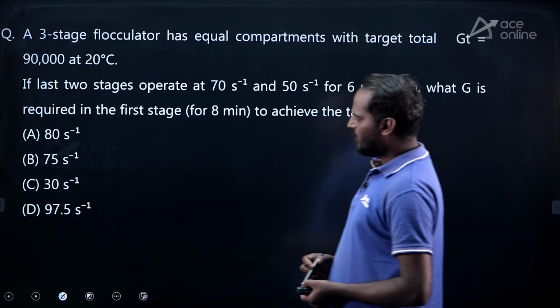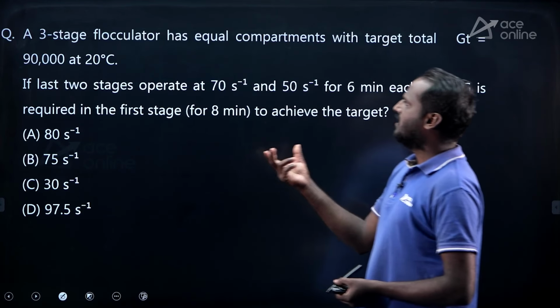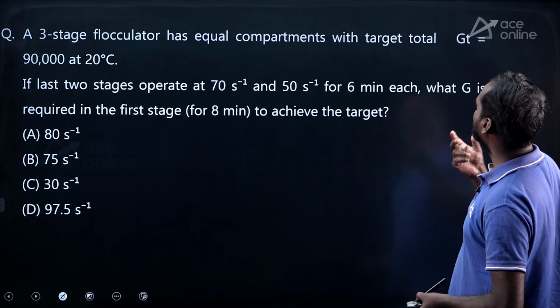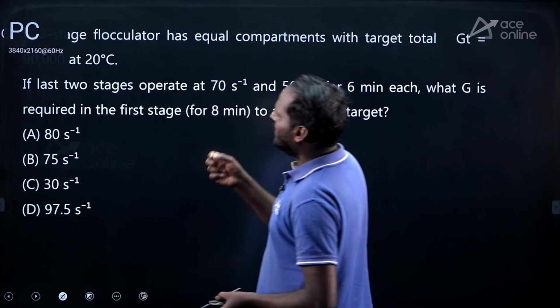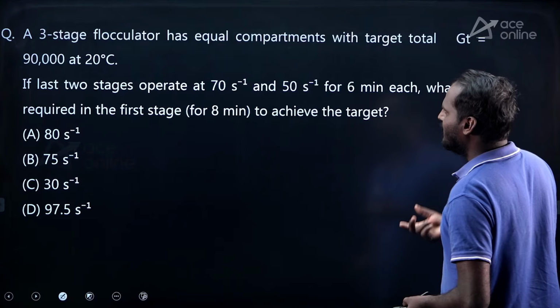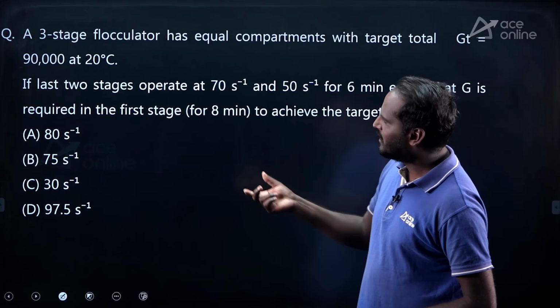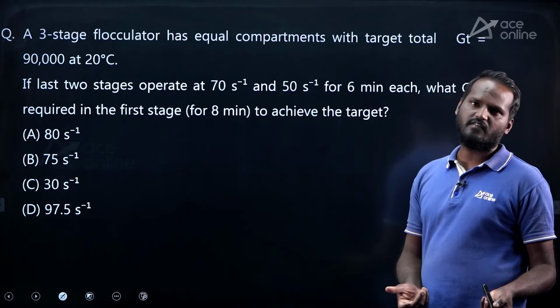This is one of the interesting questions in the design of flocculator. A 3-stage flocculator has equal compartments with a target total GT value of 90,000 at 20 degrees. If the last 2 stages operate at G of 70 per second and 50 per second for 6 minutes each, what G is required in the first stage if it operates for 8 minutes to achieve the target value of GT?